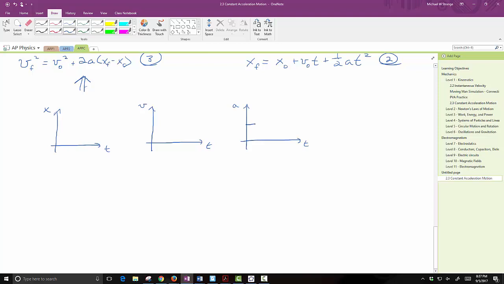So my acceleration will be a horizontal line. That's constant acceleration. And since it's constant, then I know that the velocity is linear. So it's increasing like so. And my position graph, I'll get some kind of quadratic, which follows from my definition here.